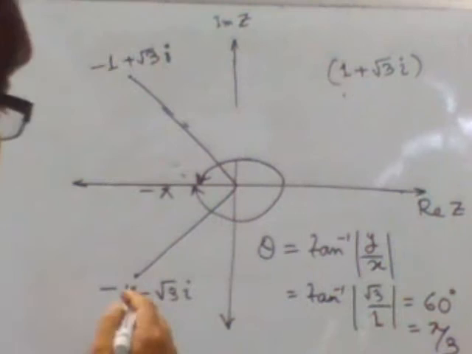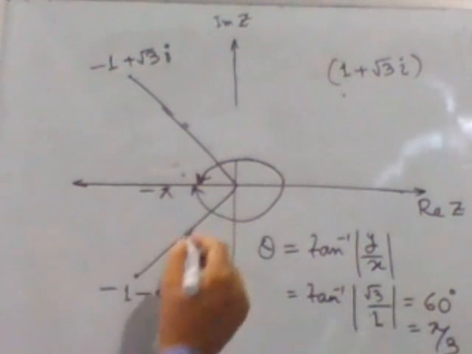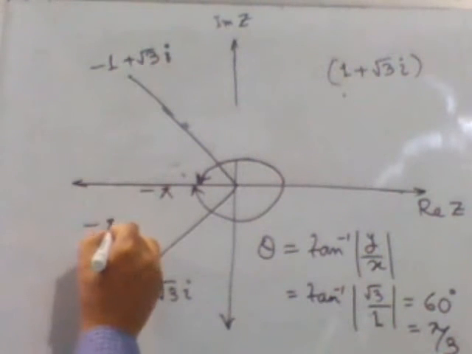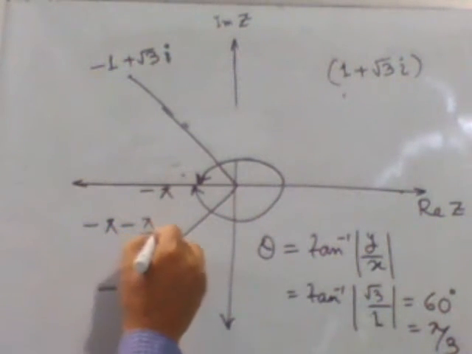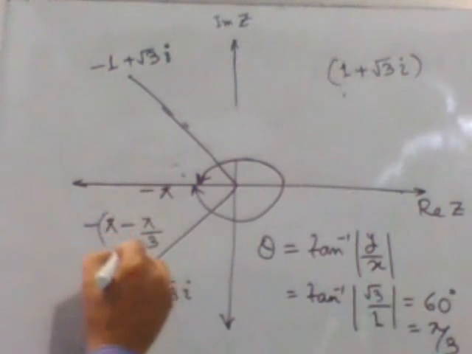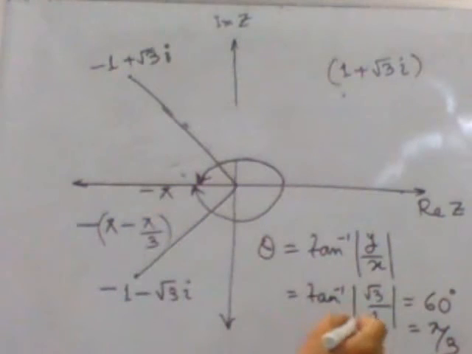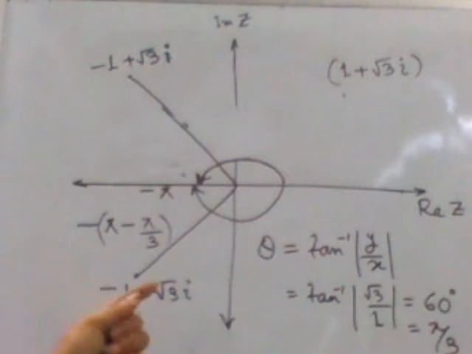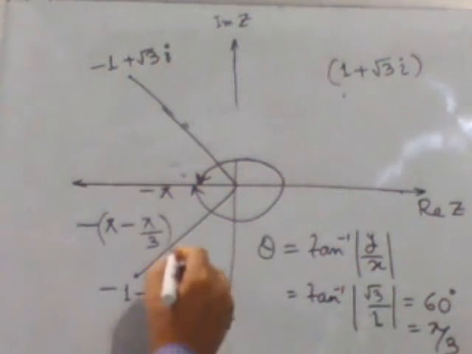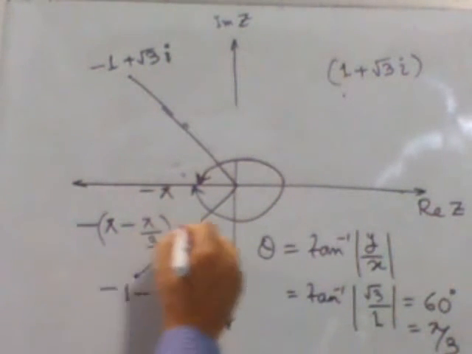Now you notice the quadrant. If it is in the third quadrant, then you have to take minus of pi minus whatever value you have got, within brackets. So minus of pi minus theta. In the third quadrant its value will be minus of pi minus theta. So the value in this case will be minus 2 pi by 3.